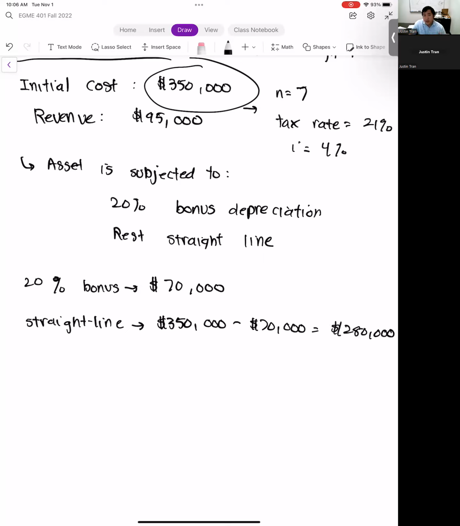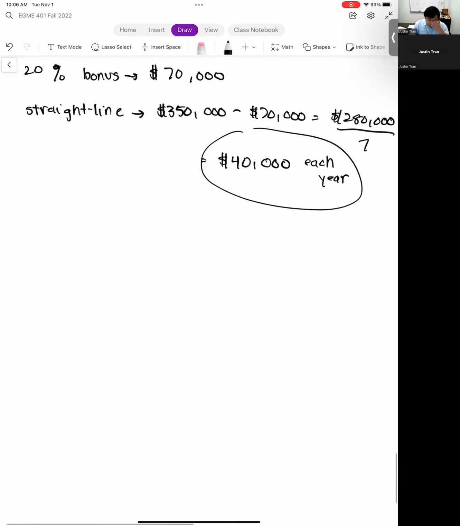And then we're going to divide that by the straight line time period, which is 7. And so we take 280,000 divided by 7. Okay. And what we get is a straight line value of $40,000 each year. All right.